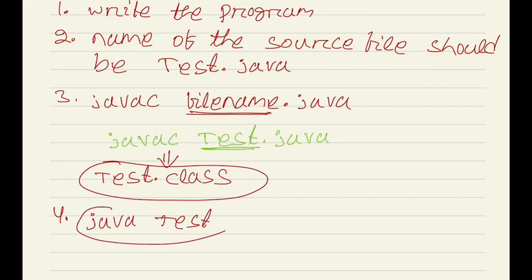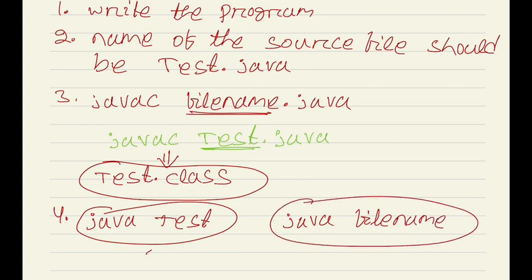This is the command to run or execute the program; in general, the command is java followed by the file name, and in this example, as the file name is test, we write java test.